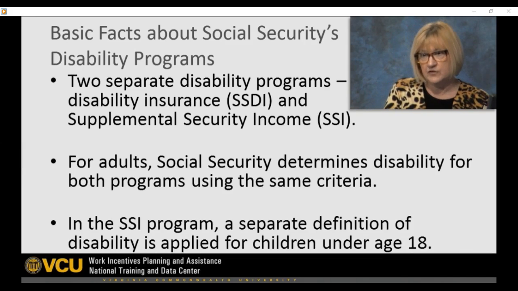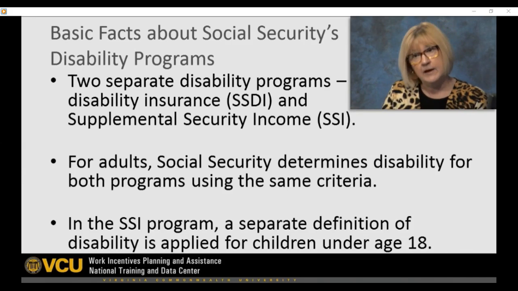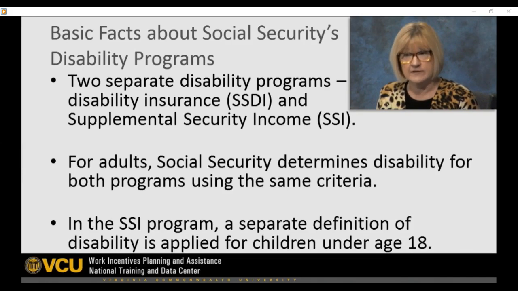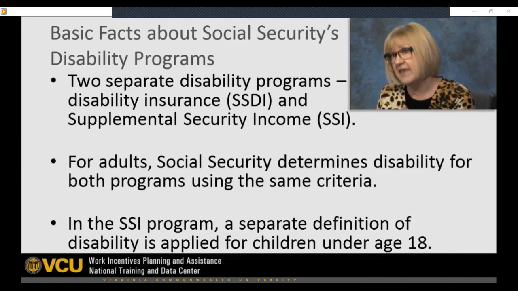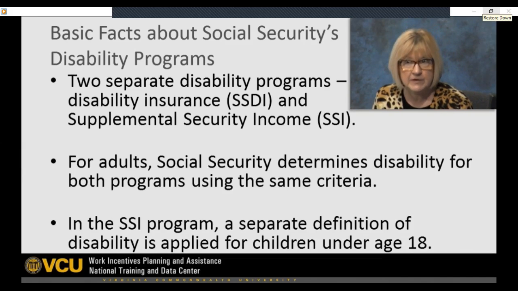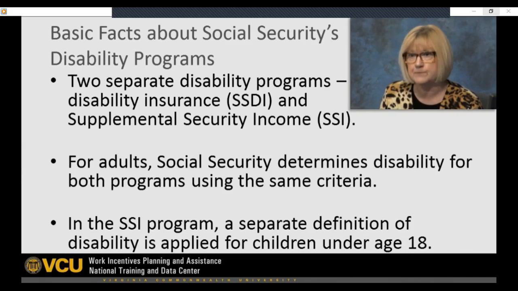So there's one definition for kids in the SSI program, and then there's the adult definition of disability for 18 and above in the SSI program, and that definition is the same as the definition for the Title II disability benefits. I know that's confusing.